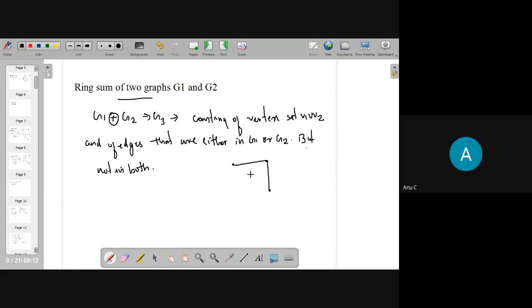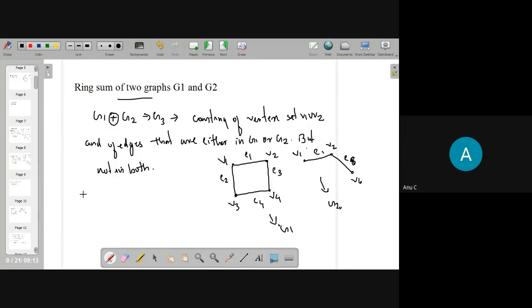So the example, this is G1 and this is G2.